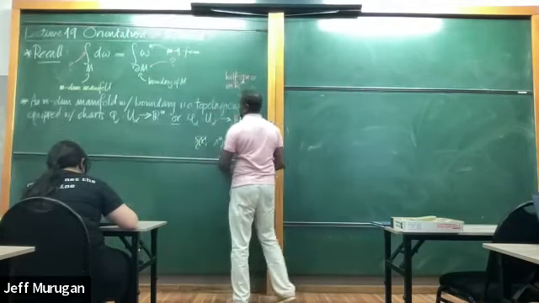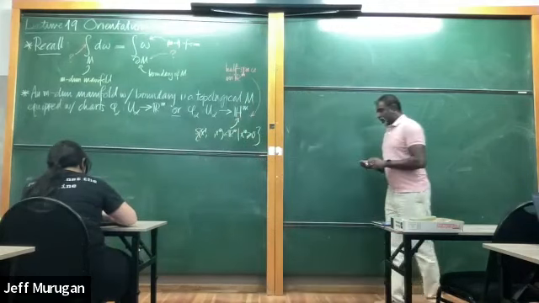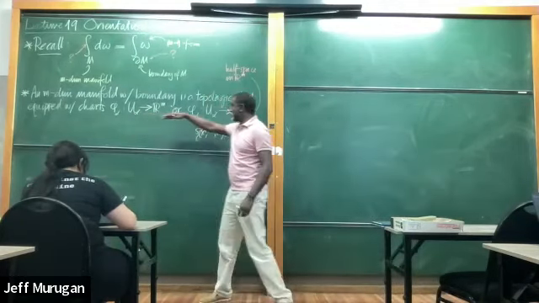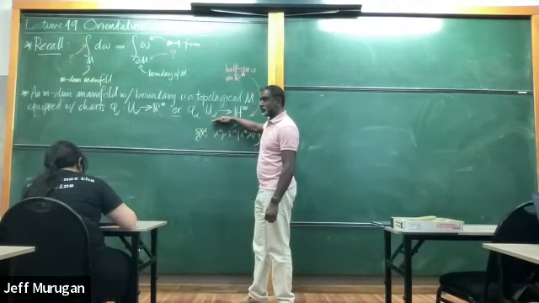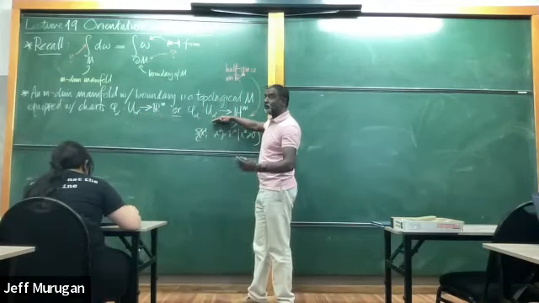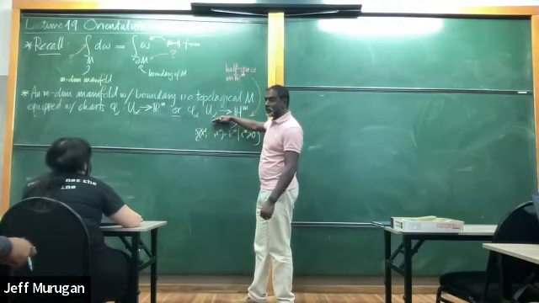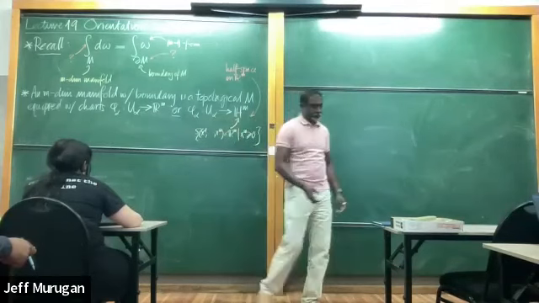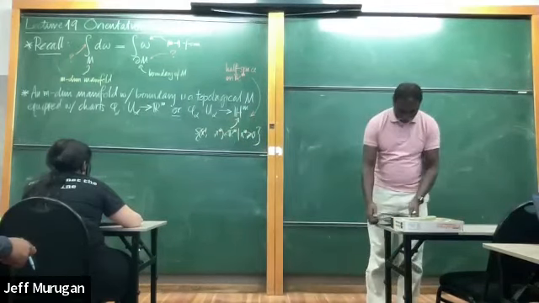So why are we doing this? Well, if we allow our charts to map from U alpha to R^n or U alpha to H^n, then we allow for the possibility of points like A and B in the real line, so points that are boundaries of the manifold.